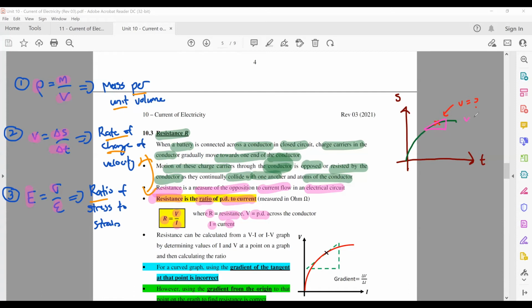Because it's defined as rate of change of displacement, it is the gradient of the tangent of your displacement-time graph.